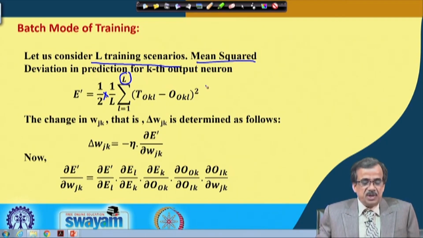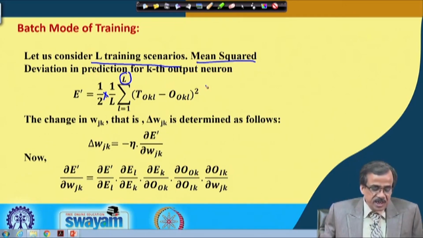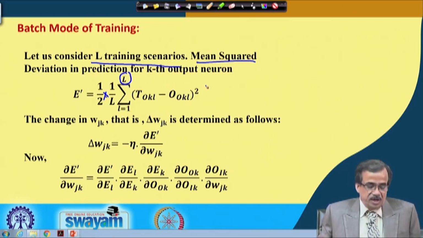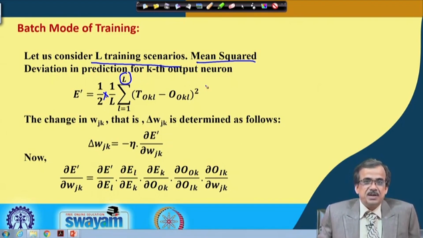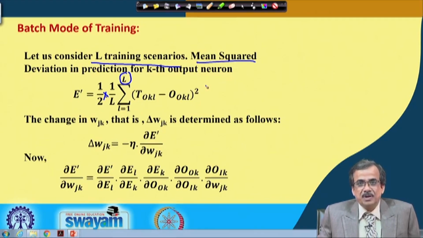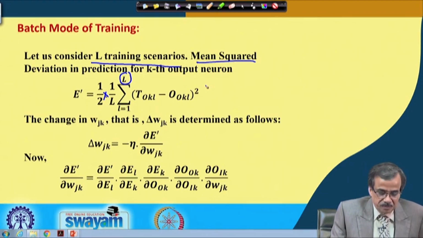And here, once again, we will have to update the W_jk and V_ij, that is, the connecting weight between the hidden neuron and output neuron, and that between the input and the hidden neuron.